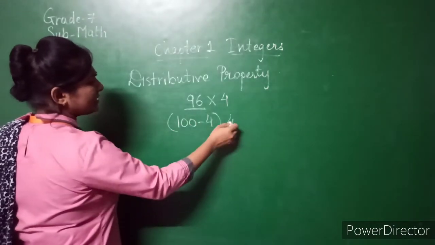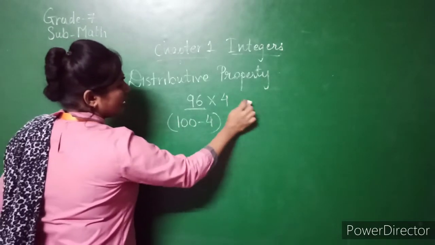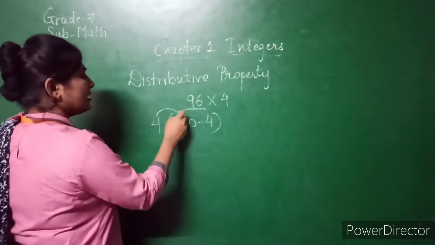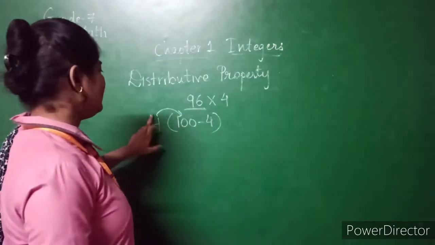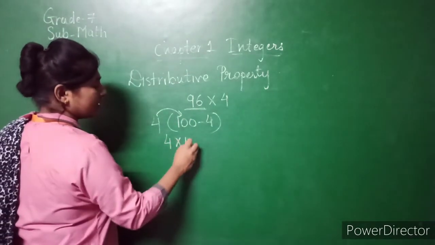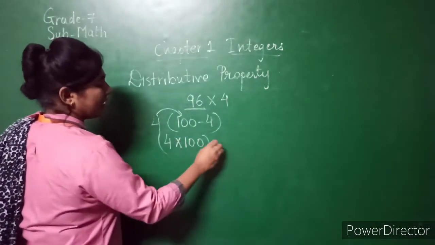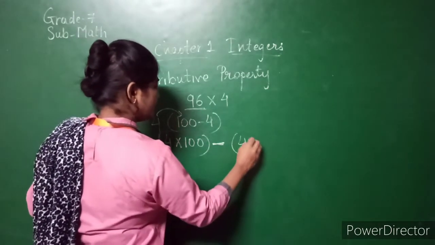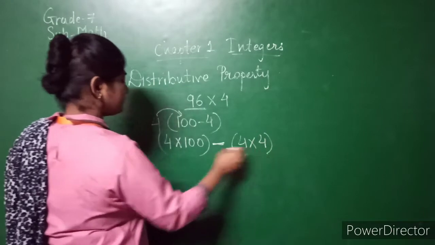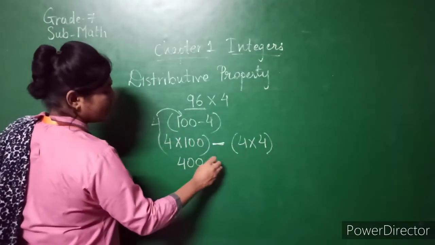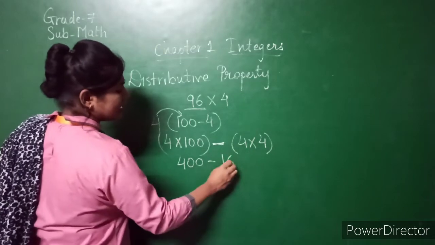We have to multiply this 4 with 100, minus is given so we put minus, and 4 into 4. So 4 into 100 means 400 minus 4 4s, it is 16.